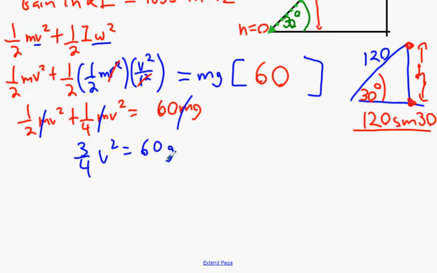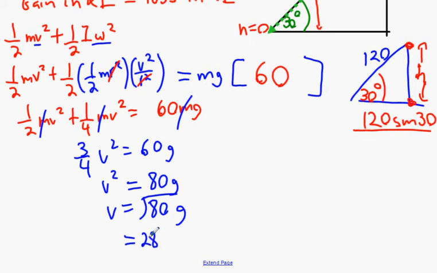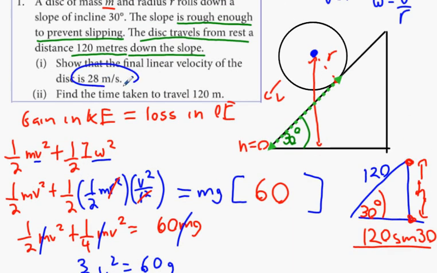Multiply by 4, divide by 3. We get 80g equals v squared, so v equals root 80g, otherwise known as 28 meters per second when you convert g into 9.8. Exactly what we're asked to do.